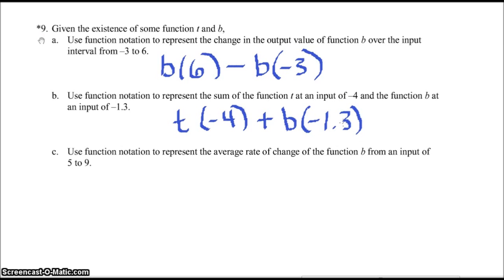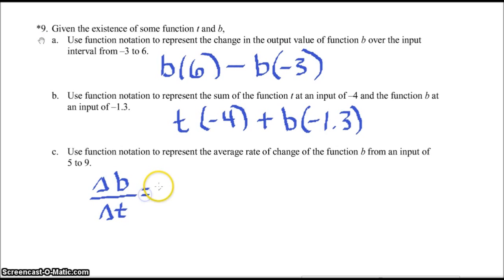Part C. Use function notation to represent the average rate of change of the function b from an input of 5 to 9. So we simply need the average rate of change of the function b as the input changes from 5 to 9.